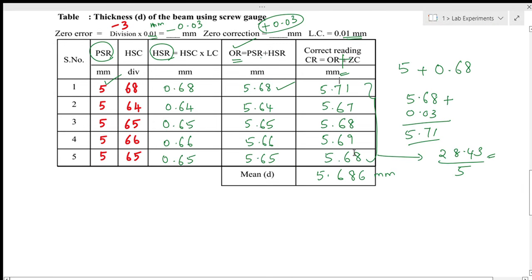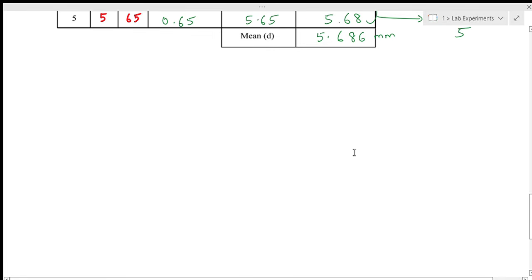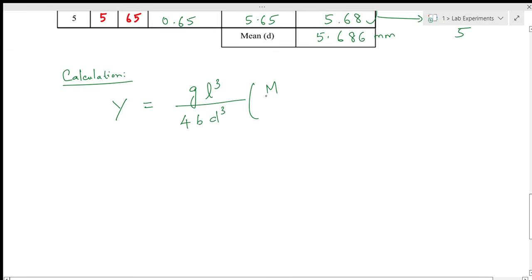Now we need to go for the calculation part. So in calculation, usually we will write the formula. The Young's modulus of the material of the given beam is Y equals G L cube divided by 4 B D cube into M by Y, Newton per meter square.